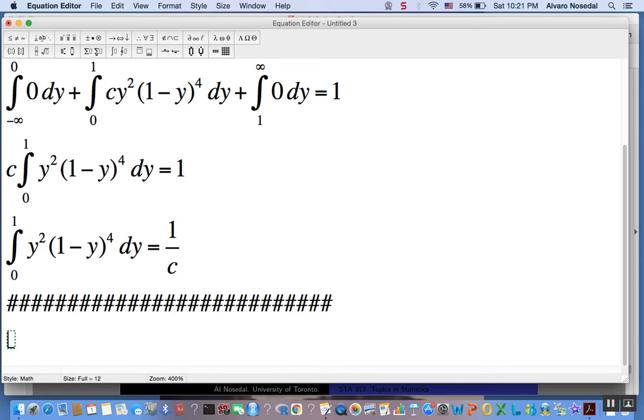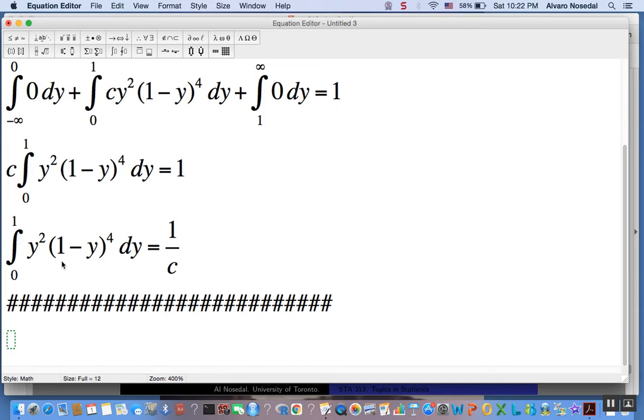Okay, so take a look at what's inside that integral, the integrand. In probability theory, I'm sure that you discussed a particular distribution for a random variable called a beta random variable.